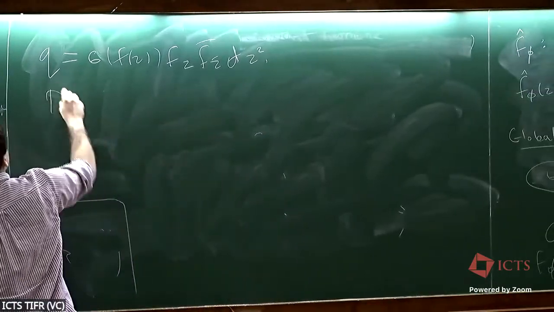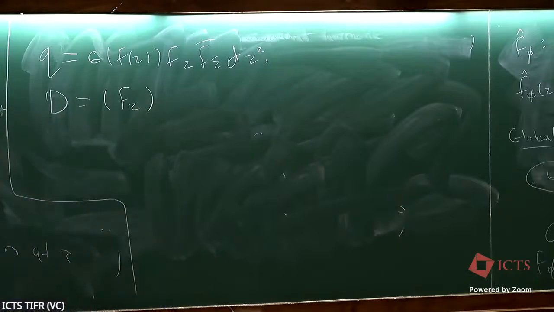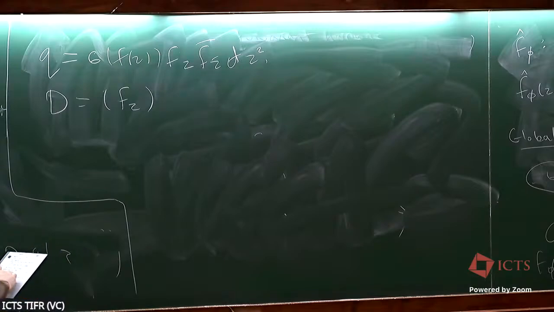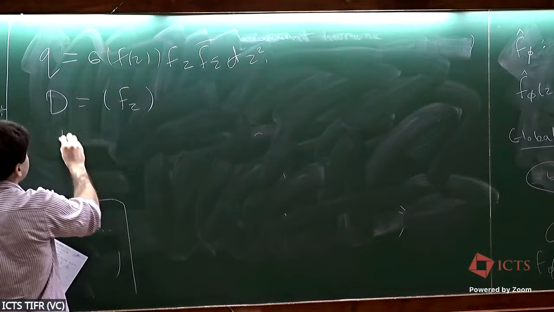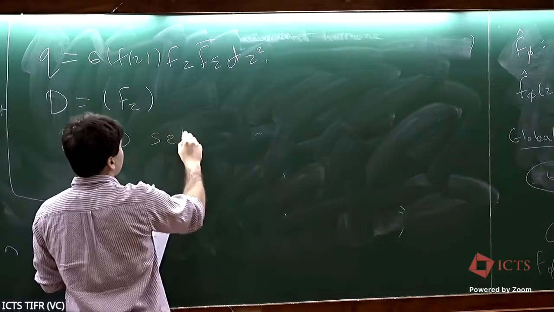And one notices that D is the divisor of f_z. So it's clear that this divisor is dominated by the divisor of Q, because you have a factor of f_z in the definition. Also in this context, the bad set B is just the zero set of Q.